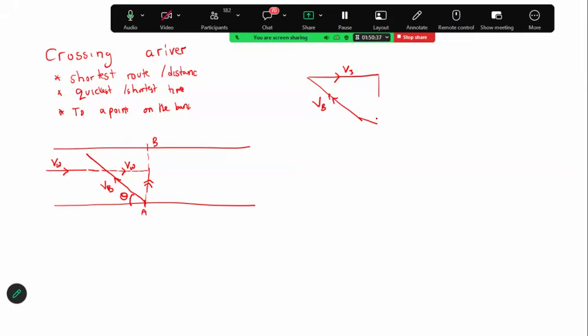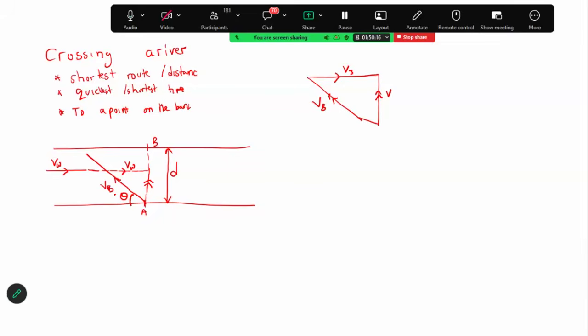Now, this one is going to be your resultant velocity, and this one is our distance. Sometimes you can call it AB or I can call it D. So this is the angle, or what we call the course along the bank.